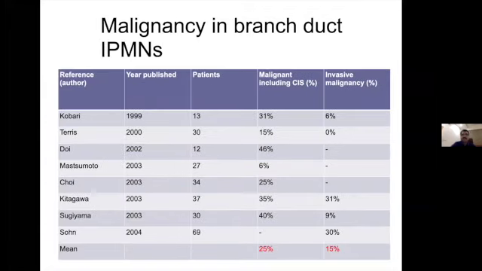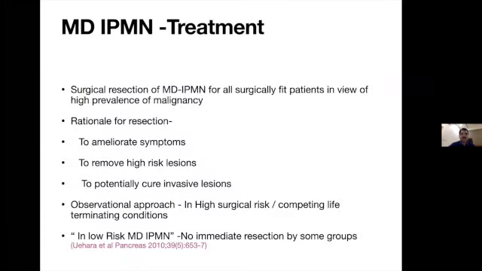But if you consider malignancy in branch duct IPMN, the rate will be around 25% carcinoma in situ and around 15% of invasive carcinoma. So it is not mandatory to resect all patients with branch duct IPMN. So there were many guidelines put forward like Sendai guideline, Fukuoka guideline, and modified Fukuoka guideline for managing patients with MCN and the branch duct IPMNs.